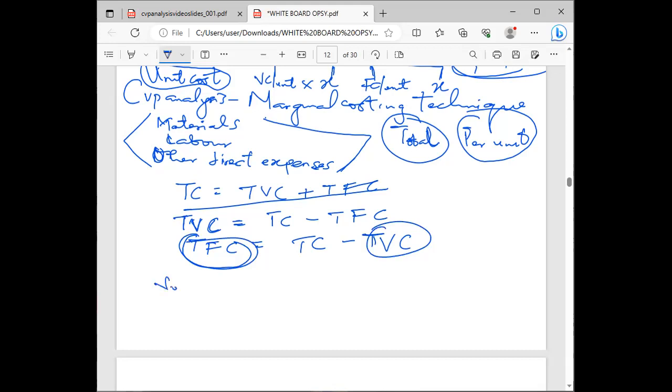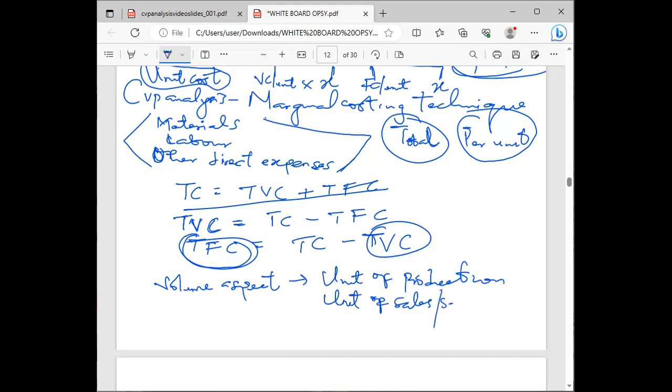On the volume aspect, we are talking about units of production, units of sales, or sales volume.